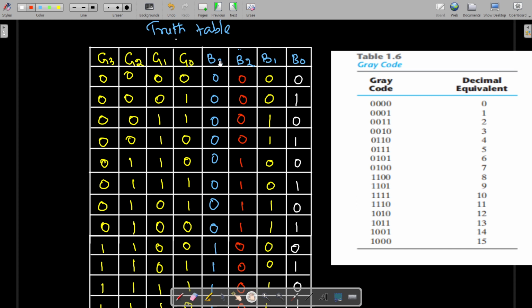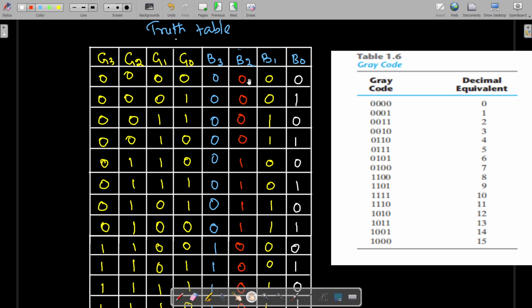Similarly, for binary we named it B3, B2, B1 and B0. Without any mathematical calculation, we have placed the gray values as such from this table. Like that we have placed all the values. And the binary equivalent we know very well, isn't it?